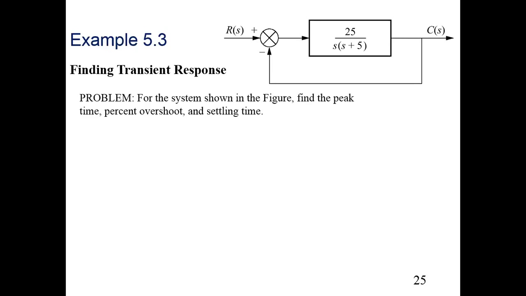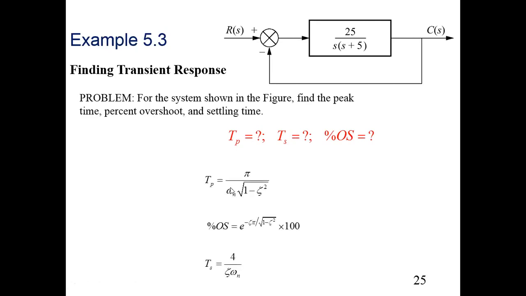In this example, we are given a second order closed loop feedback system. We have to find the peak time, percentage overshoot, and settling time. These three parameters we have to find.